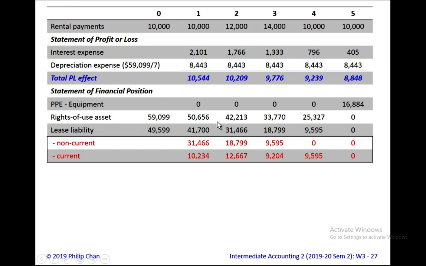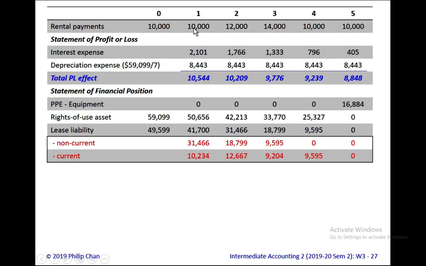You've learned two specific ratios or categories of ratios. One is the debt over equity ratios. In the case of lessees, once Hong Kong FRS 16 is applied, the debt over equity ratio would be big, because before that you don't have such a big liability.